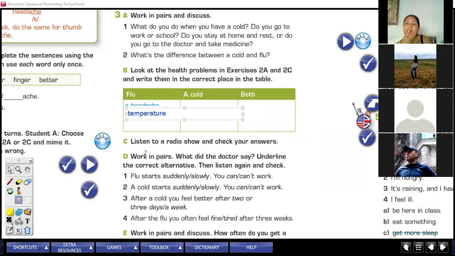Then it was the leg hurts, I guess. What was the next one? Leg hurts or the other symptom, sore throat. Where do we have them? Flu, cold, or both? I think both. Both. What was the next one?